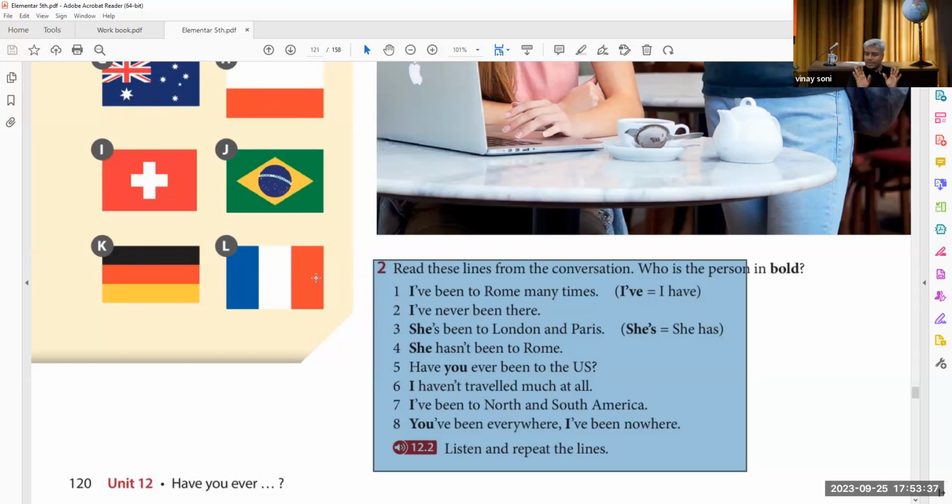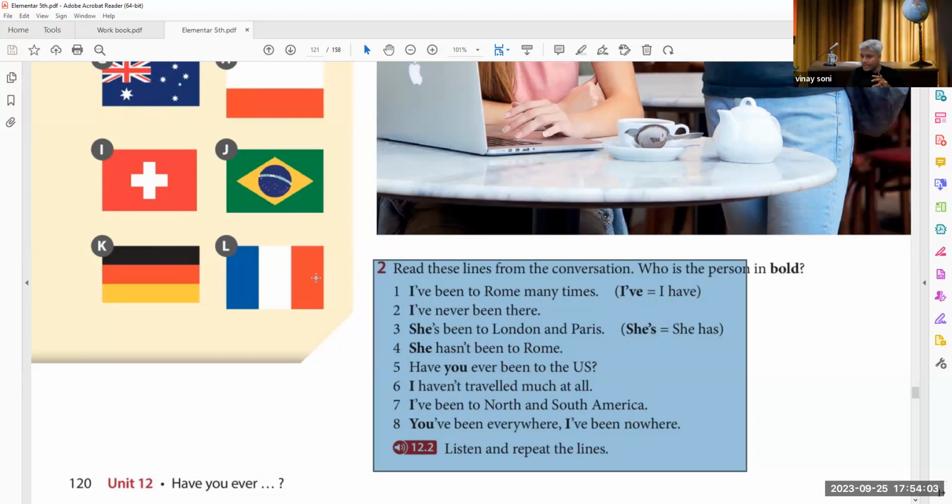Okay, so let's just practice first of all some patterns. Okay, I have eaten. Is it the same pattern or not? I have eaten. Yes, it will be called the present perfect. I have eaten. She, go ahead. She has eaten.